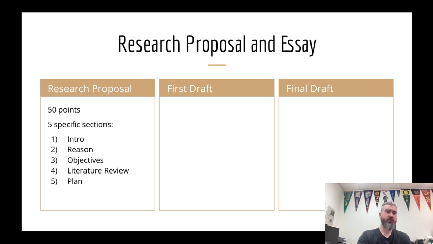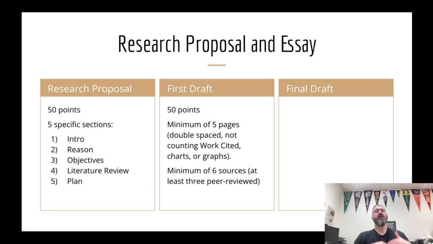Once we have the research proposal, then we're going to write the first draft. You get comments from me on the research proposal. The first draft is also 50 points. A minimum of 5 pages, double spaced, not counting the works cited, charts or graphs. Charts, graphs, and images do not count as part of your page length, nor does the works cited. You're going to have 6 sources for this. You can use all of the sources from your annotated bib, and you can reuse those by all means.